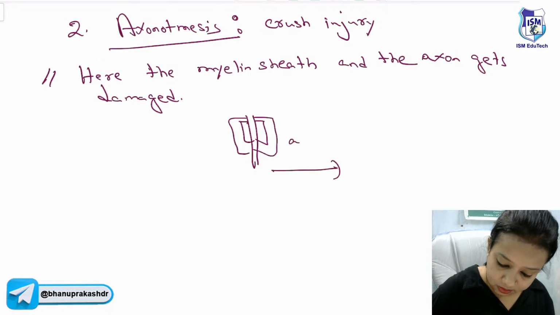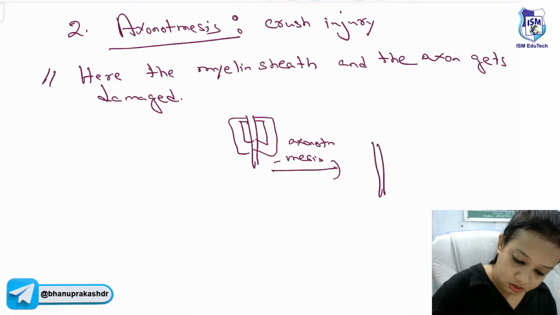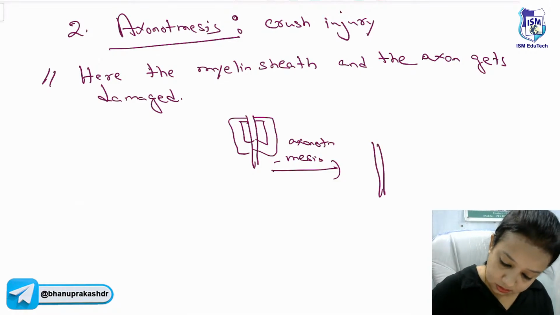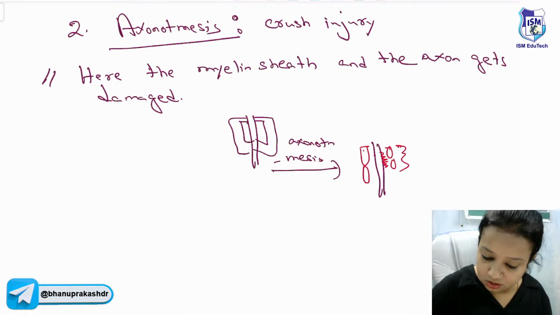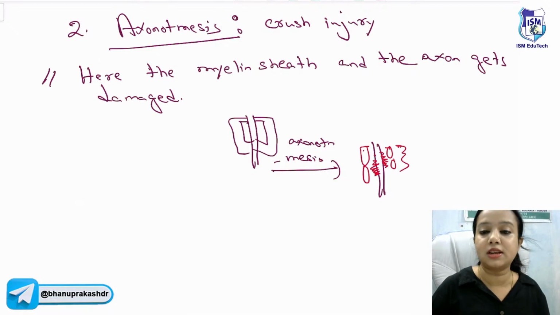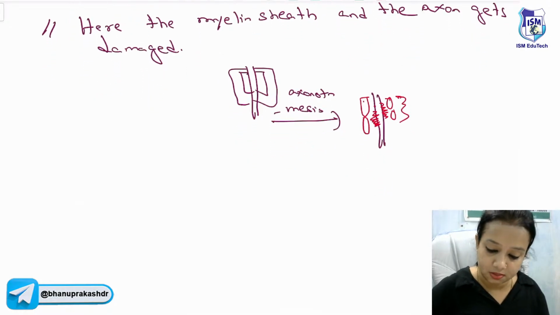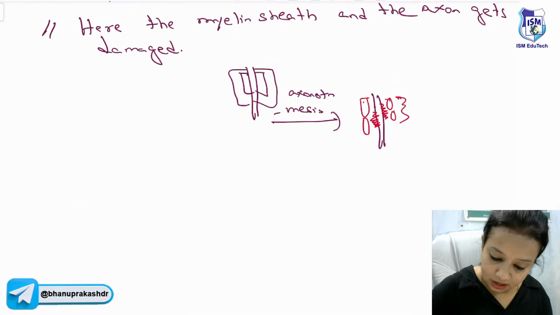Axonotmesis. So, it is like this. Myelin sheaths are damaged. Not only that, the axons are also not intact. This is axonotmesis as we see.